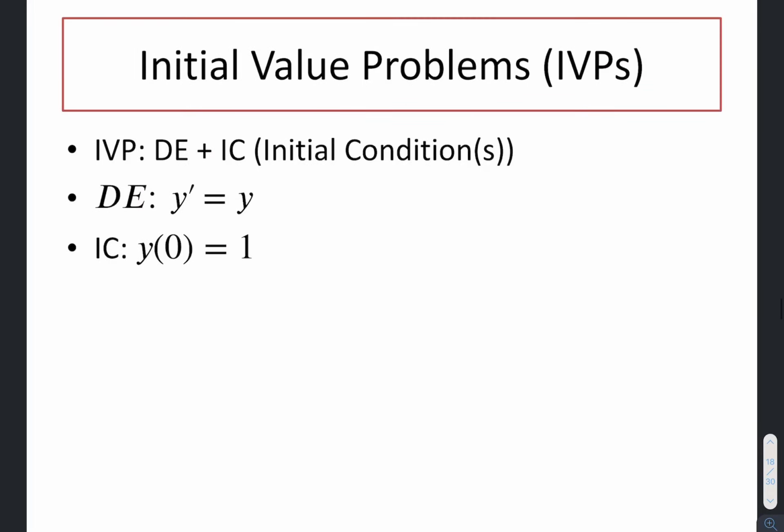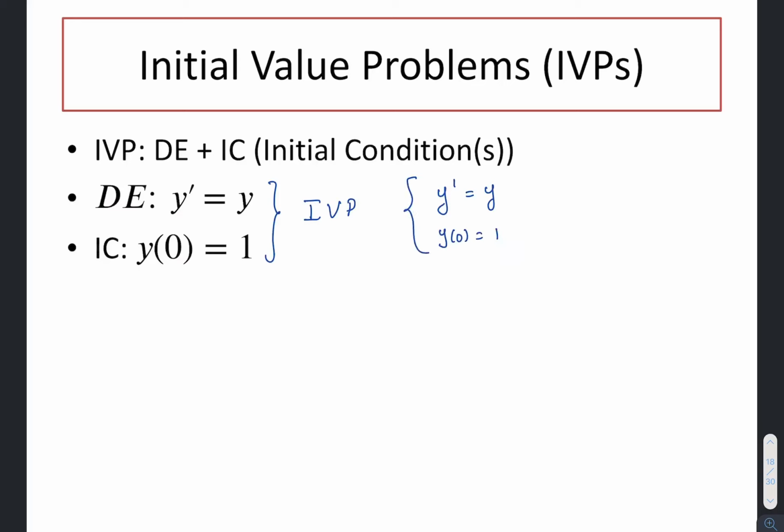So in general, if I say y prime is equal to y and y of 0 is equal to 1, that is an initial value problem. Now, these initial value problems are not going to have a parameter family of solutions. As a matter of fact, we can exactly figure out what those parameters are.